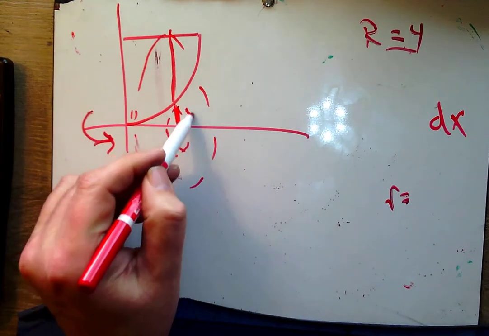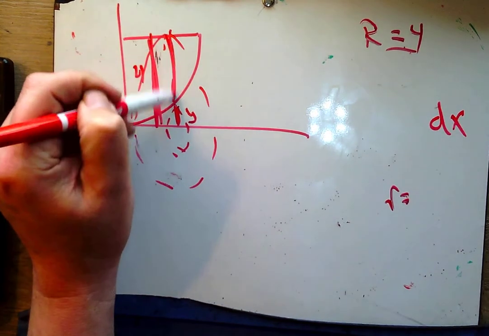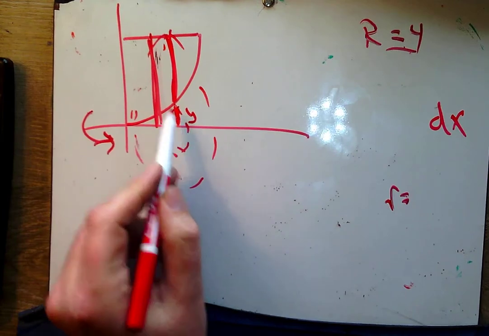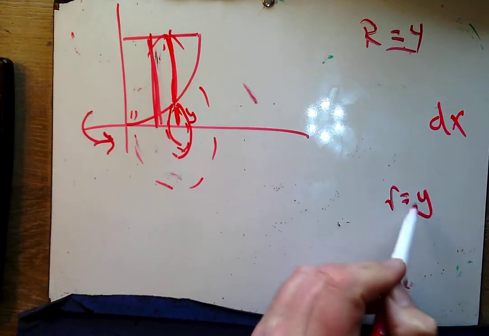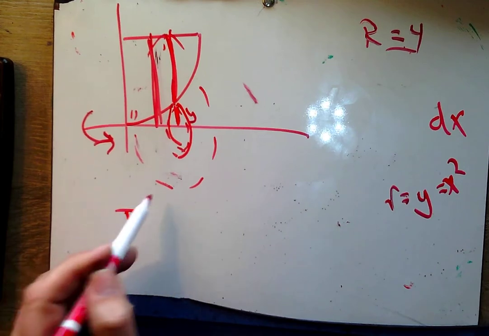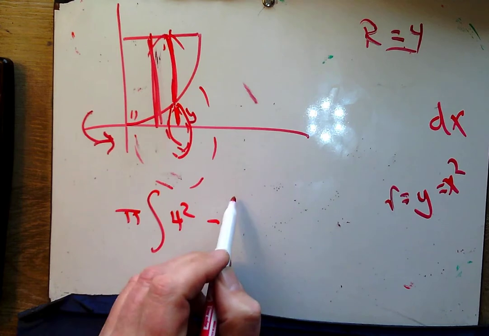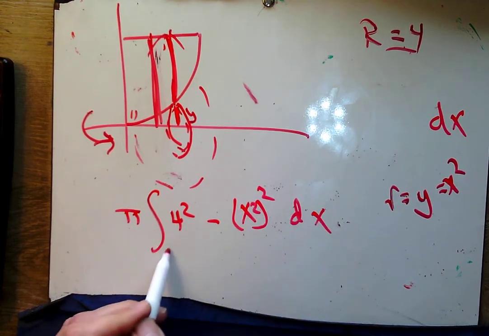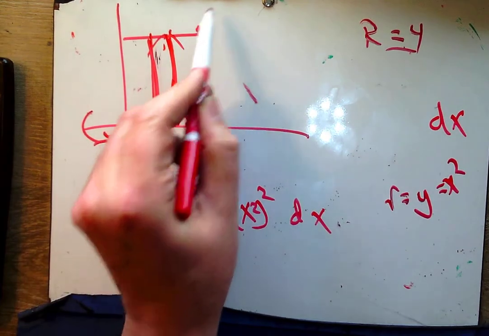Now, this distance is y. This distance is 4. Do I need that? No, I don't need that. But I do need this. This is my little radius. Little r equals y, and that means x squared. So pi times the integral of big R squared minus little r squared dx from 0 to 2.